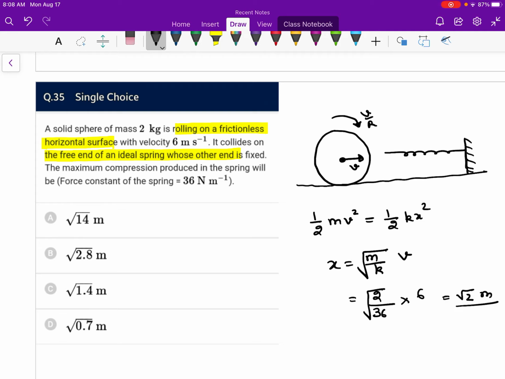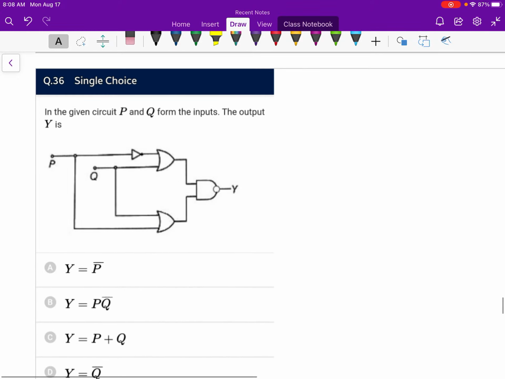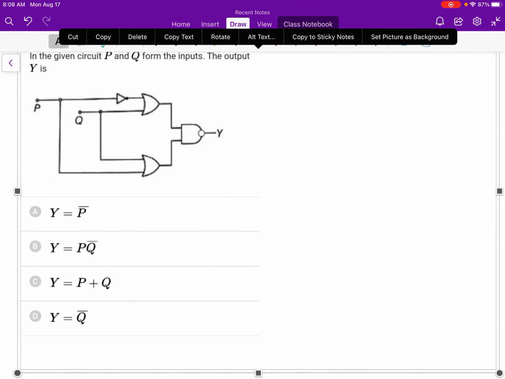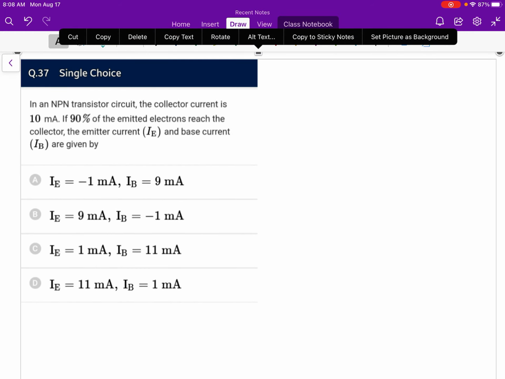Okay, so this is under root 2 meters. So according to me, the answer should be under root 2 meters. Okay, or else we should be given that the surface is perfectly rough, or we should be given the level of the spring. Since the information is missing, I would say that the question is incomplete. It has ambiguity.